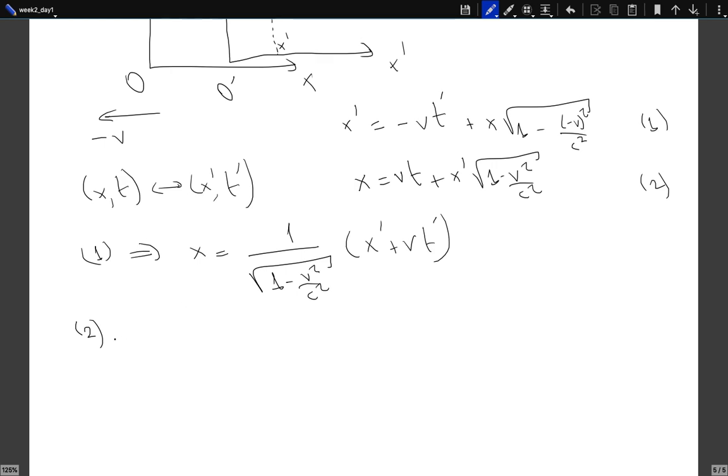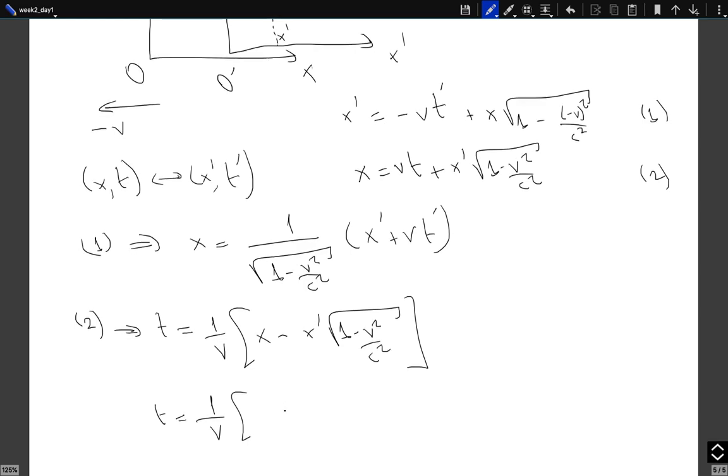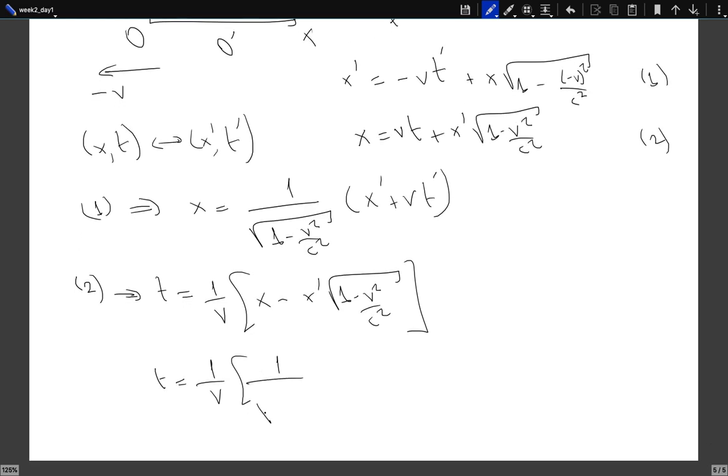The second equation tells me that t is equal to 1 over v times x minus x prime times the square root of 1 minus v squared over c squared. But I already know what x is in terms of x prime and t prime: x prime plus vt prime minus x prime times the square root of 1 minus v squared over c squared.